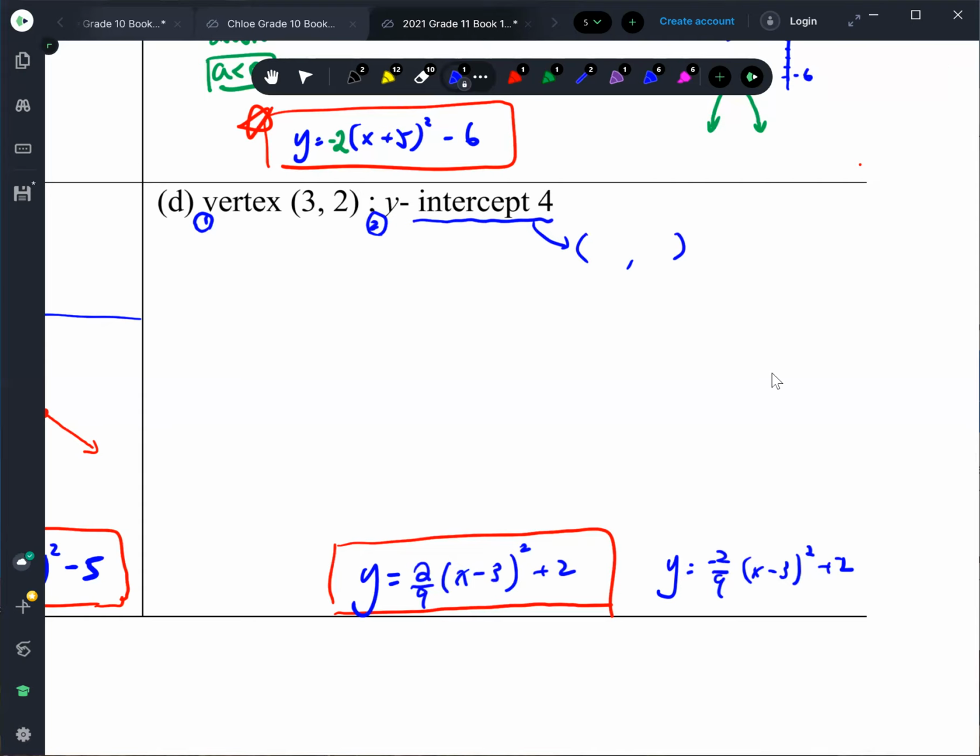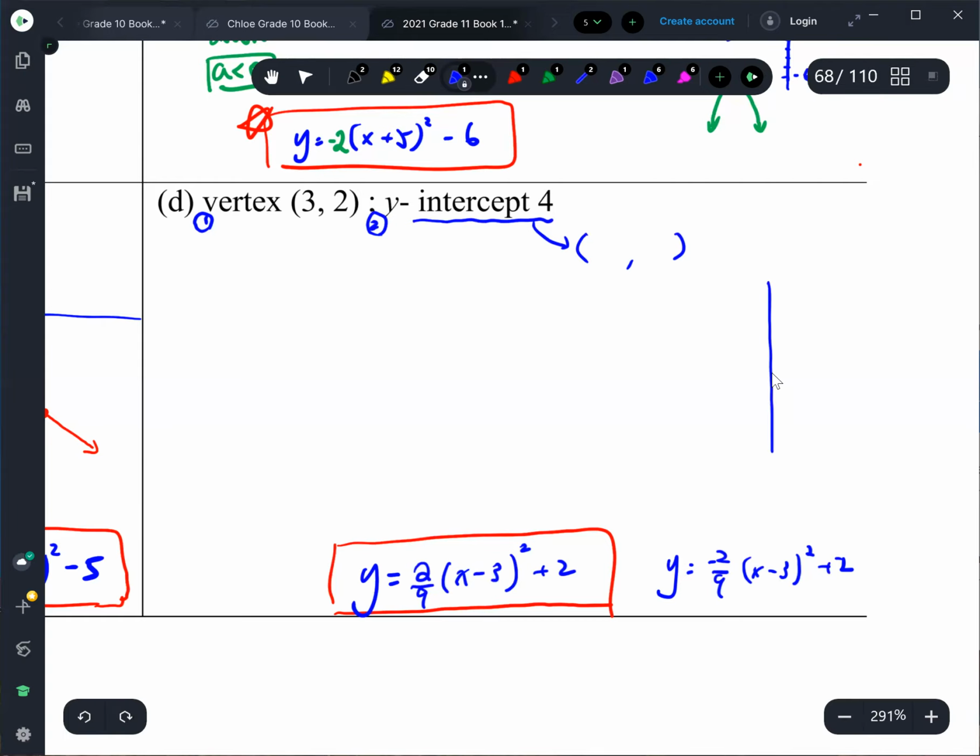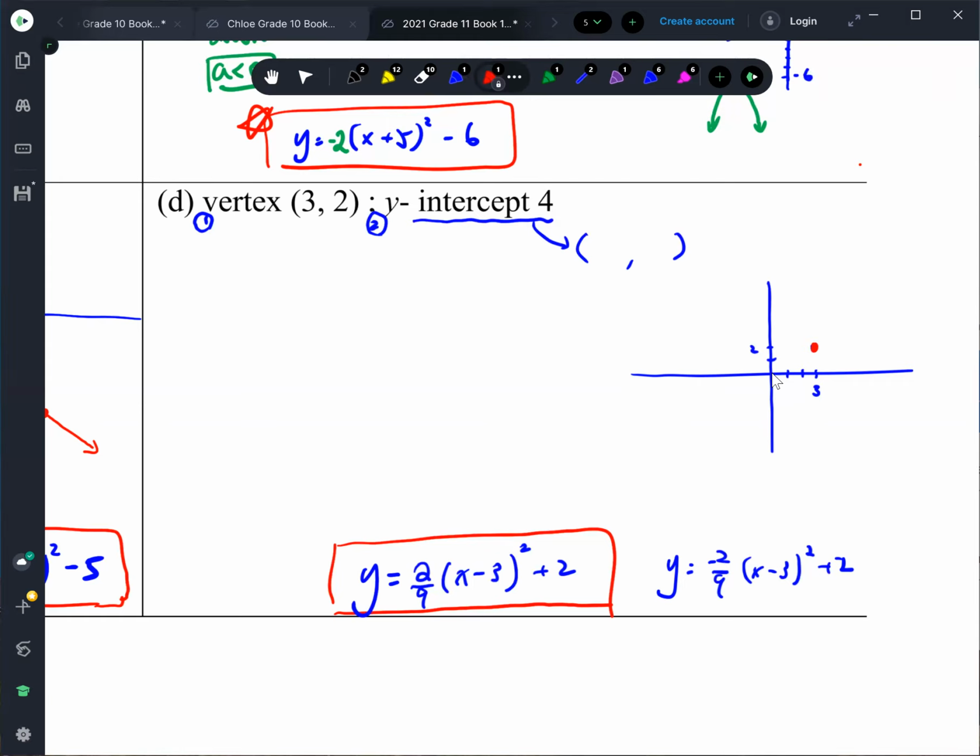Okay, so we can figure out if it's positive or negative just simply by looking at the sketch again, right? So if we have a vertex of 3 and 2, let's take a look. This is a 3, this is a 2. That's our vertex. The other point, y-intercept of 4. So y-intercept means where the graph crosses the y-axis.